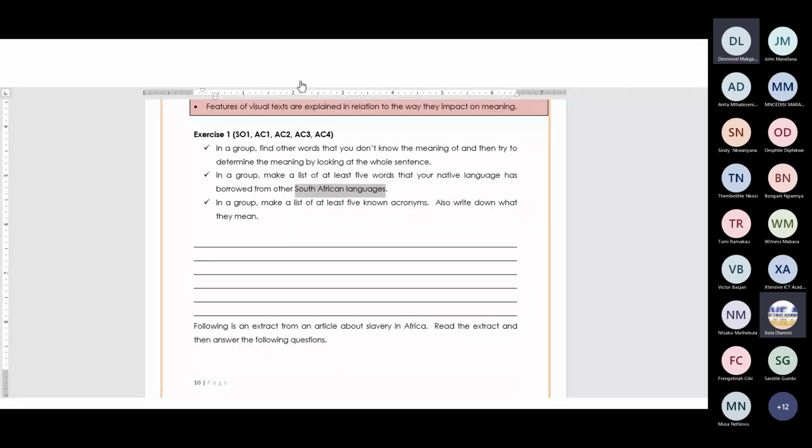Okay, interesting. John, give me another one. It's NBA, National Basketball Association. NBA. Yeah. Okay. Solete, give me one. SAPS, South African Police Services.